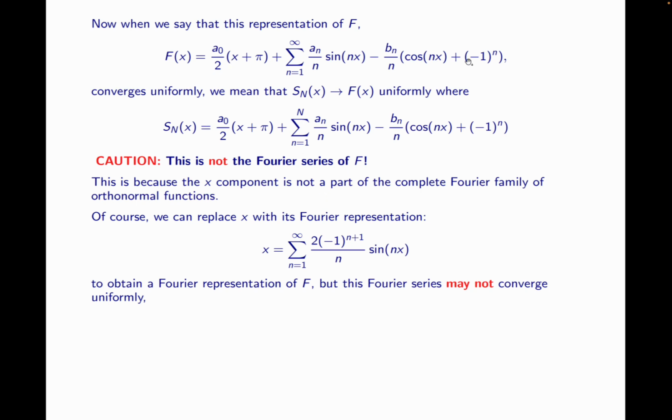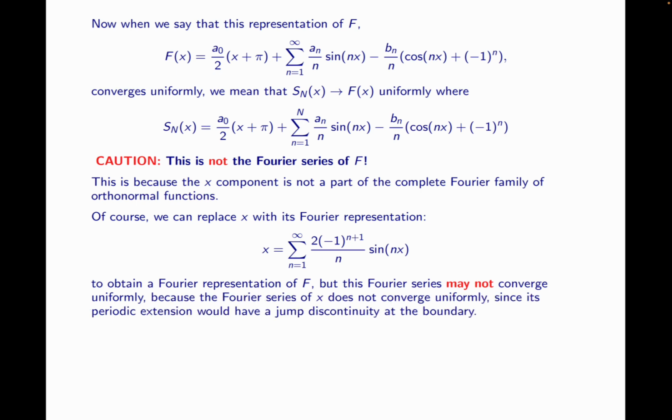Just because this converges uniformly doesn't mean that if we replace x with this, we get uniform convergence, because this series does not converge to x uniformly. The reason, in spite of x being continuous, is that its periodic extension over the entire real line would not be continuous, because you would have to make a jump at the interface of these extensions. See our last lecture for examples of that.